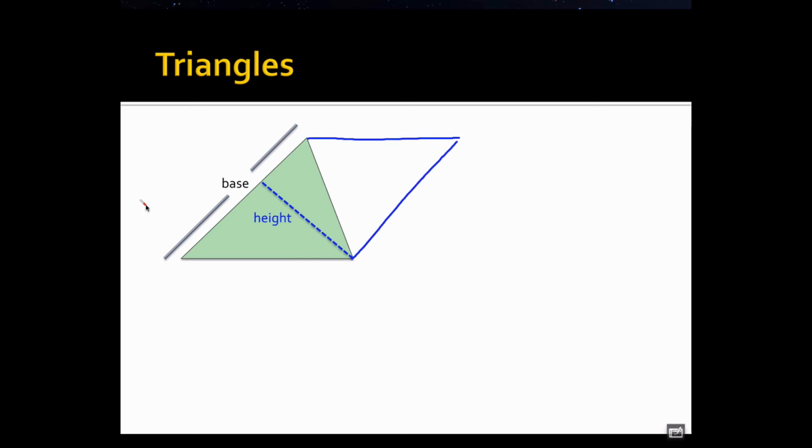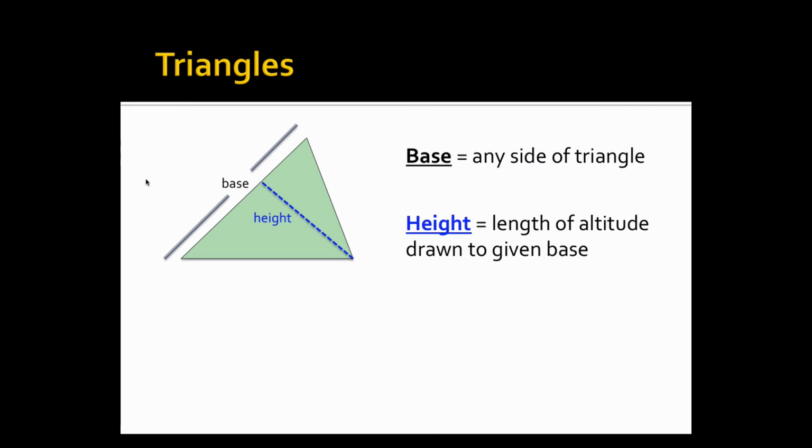You draw in one of the diagonals, and it divides it into 2 congruent triangles. Therefore, if the area of the parallelogram is base times height, what's the area of the triangle? Base times height times a half, or base times height divided by 2. Pretty straightforward. But again, we knew that already.